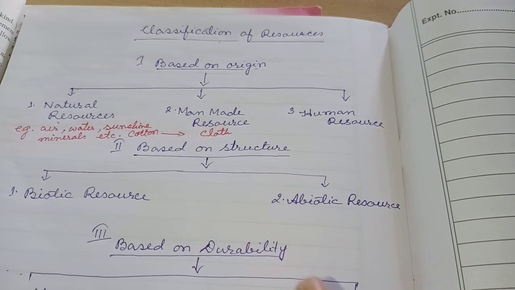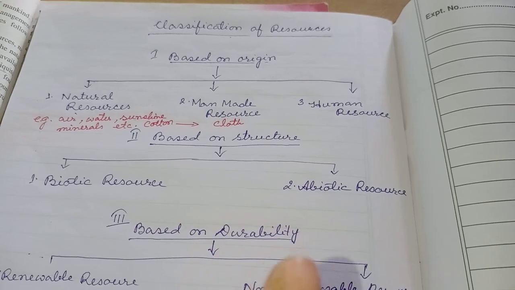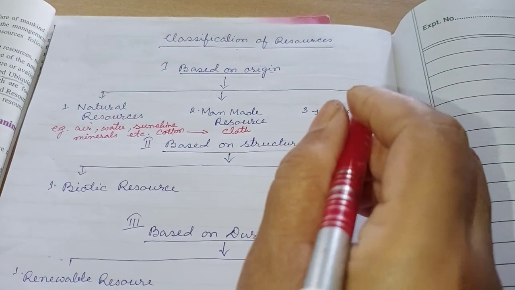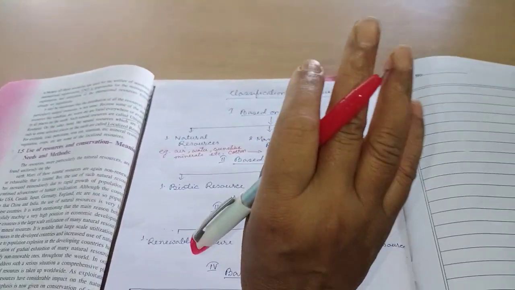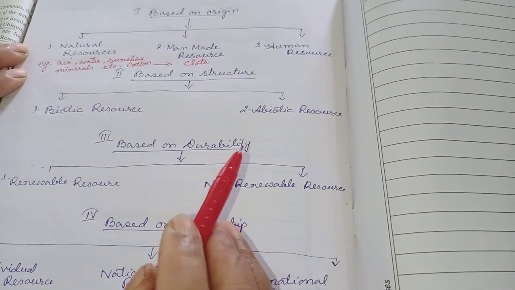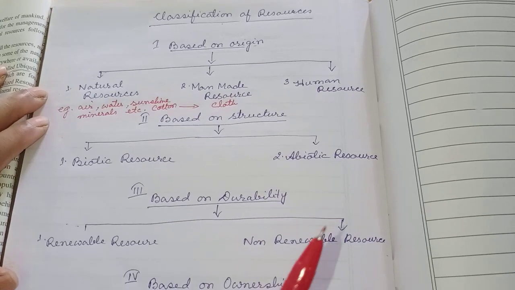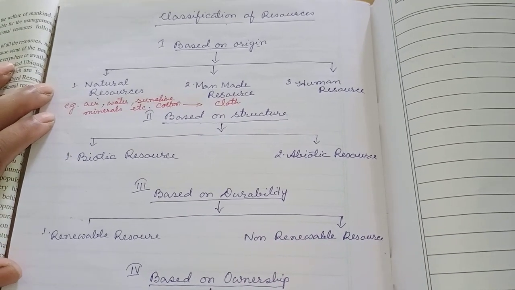To make them useful, human beings have to use different technologies, and they should have four attributes: adequate skill, education, technology, and desire to do.